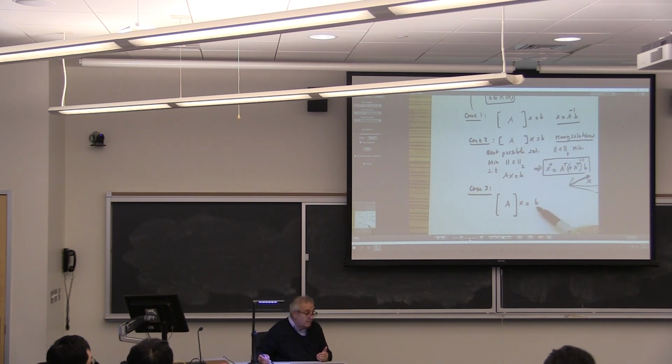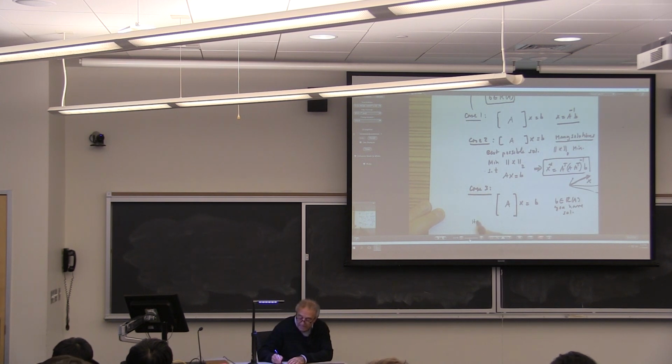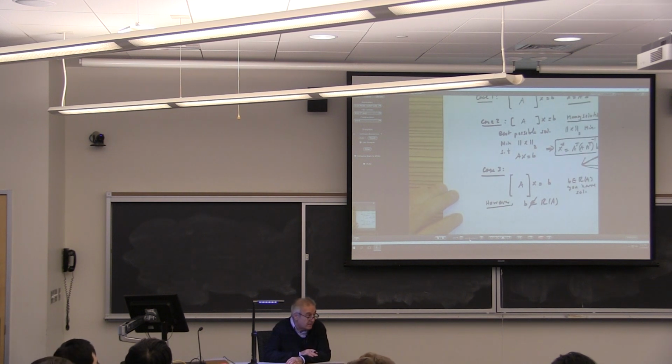However, I mentioned that in many applications B is not an element of the range space of A, and therefore there is no solution for this equation.